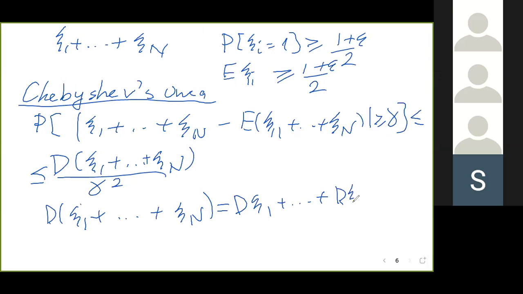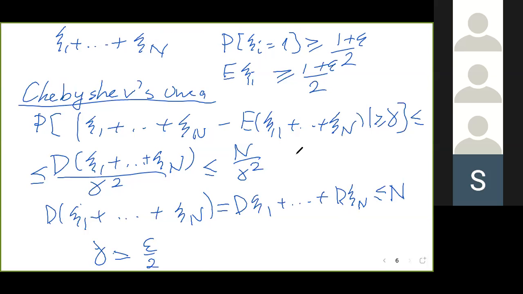And because our variables take only value 0, 1, this is of course at most n, at most the number of variables. So we obtain at most n over gamma squared. Now recall that we consider the indicators of the right answer, and the algorithm, a majority vote, will make a mistake if gamma is equal to epsilon over 2.